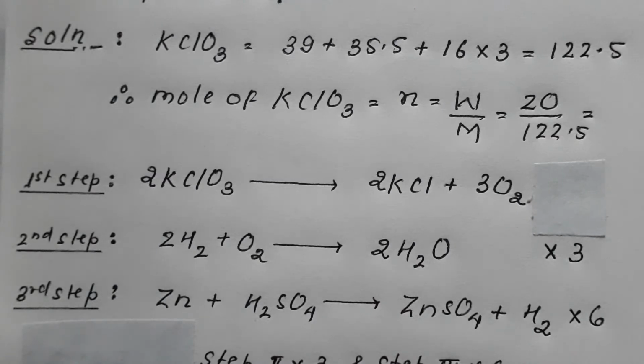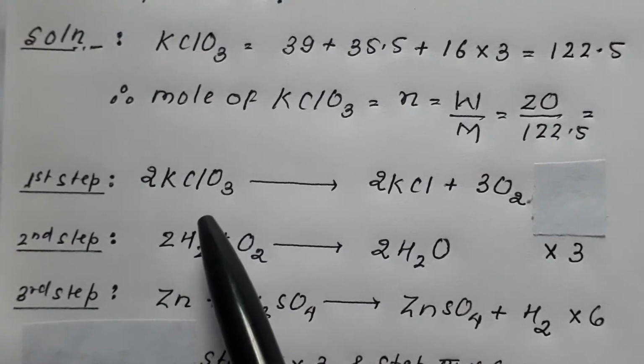Now let us write the involved equation first. I told you that these calculations are based on chemical equations, and a proper chemical equation is a must for us to solve the problem. So this is involving three reactions. I am calling these three reactions as three steps. Of course these are three individual reactions, but how will they be associated?